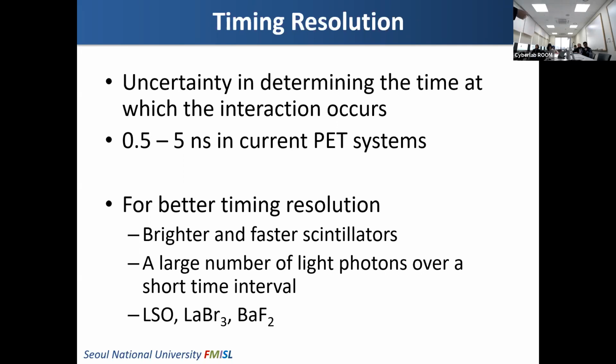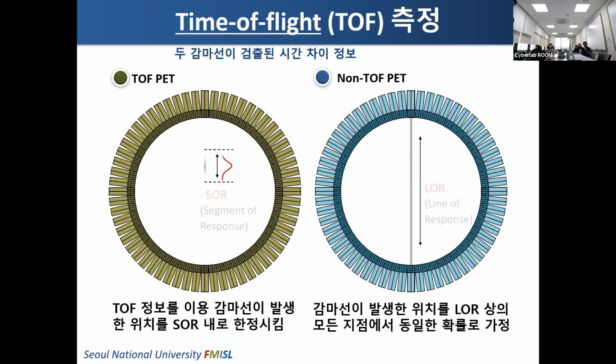LSO is the most widely used scintillation crystal to achieve this. And if the timing resolution of a system is much better, for example less than 100 picoseconds or something like that, we can utilize time of flight information. So you may know what time of flight information is.